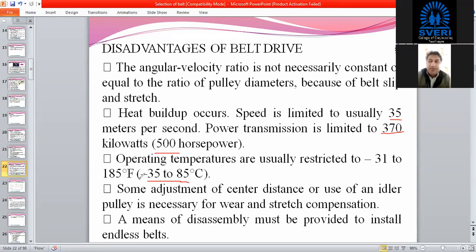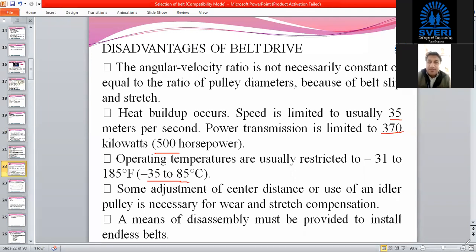In some cryogenic applications, temperature may drop below minus 35 degrees Celsius. It is also possible that in some applications the temperature may rise above 85 degrees, where we cannot recommend or use this belt drive.